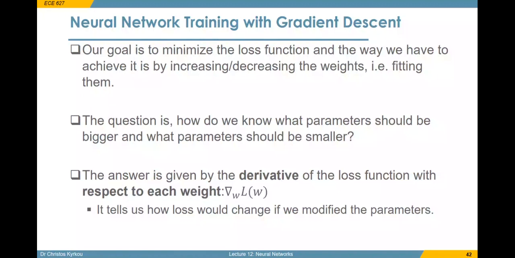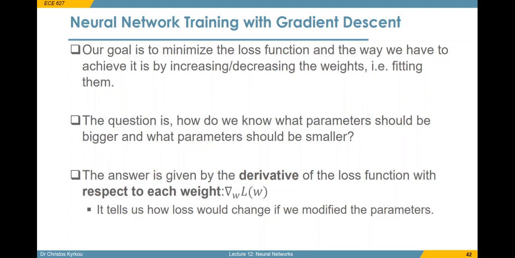So our goal is to minimize the loss function by finding the weights that do that. And from initially random weights, we want to choose how to adjust their values. An important aspect here is to consider how each change in the weight can affect the change in the loss function.